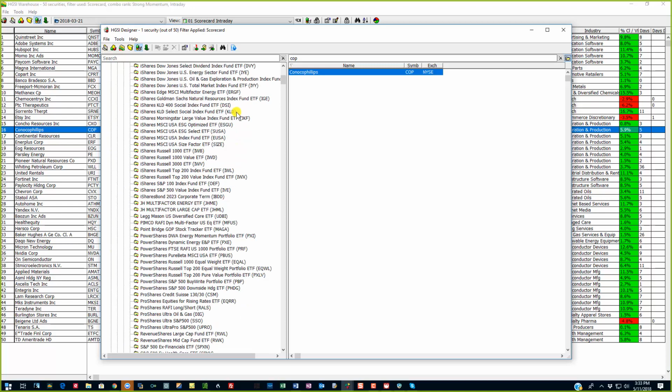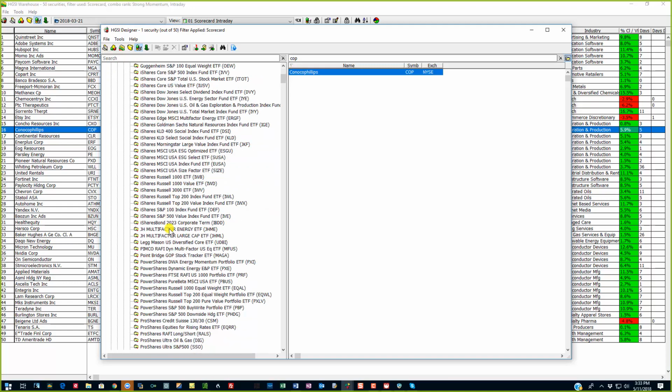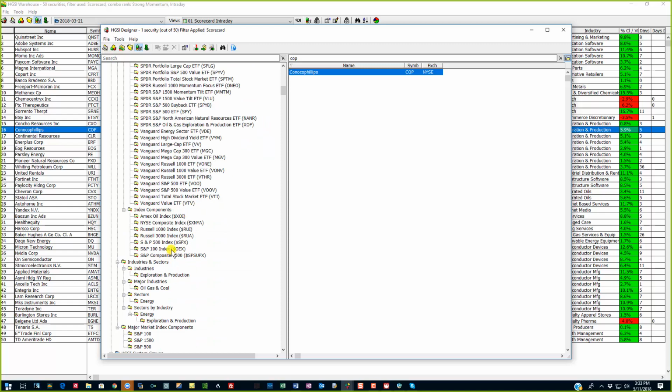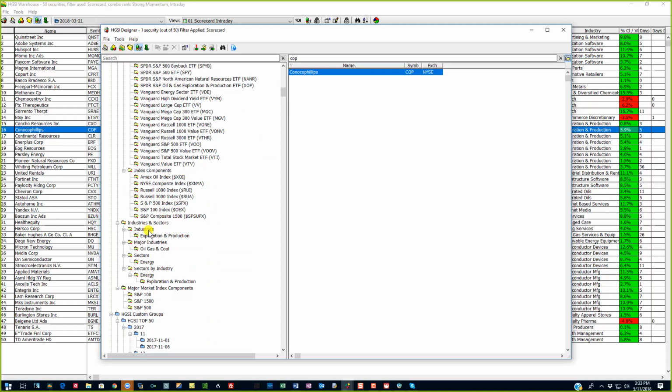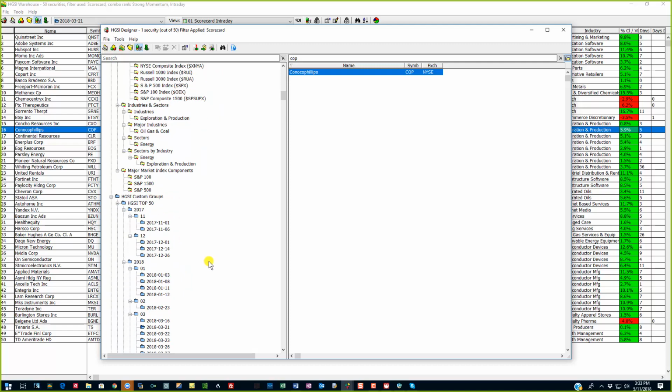I'm going to go all the way up to the top. It shows you that Conocophillips is contained in every one of these ETFs. Every one of those. It's in all of these indexes. It's in these industries. It's in the S&P 100, 1500, and 500.